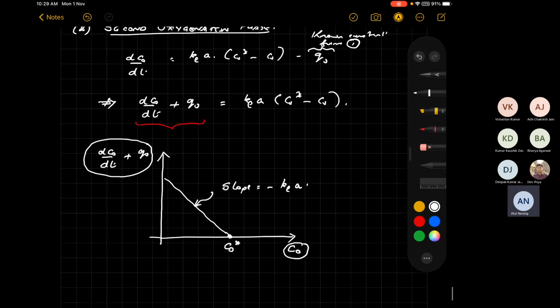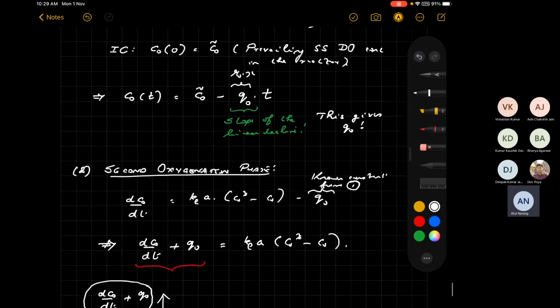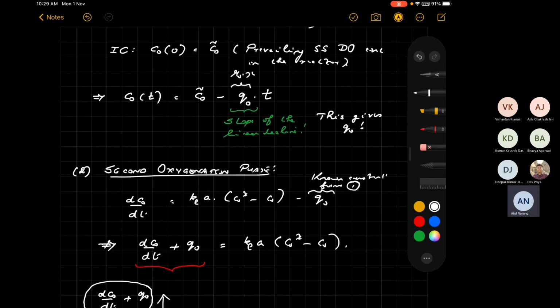So once we have a grip on Q0 from the first part of the experiment, we can use the second part of the experiment to estimate both KLA and CO star. Is that part clear?